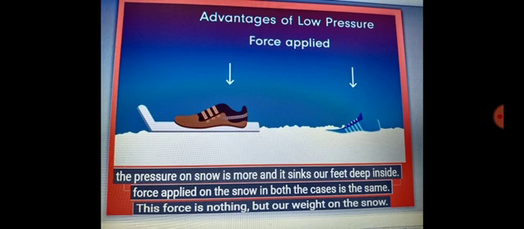So in the ordinary shoe, the area on which the force is applied is less, therefore more pressure, resulting in the sinking of the shoe. And in the case of the snowshoe, force is same, but the area of contact on the snow is more, and therefore pressure is less. Therefore, the shoe and our leg do not sink.